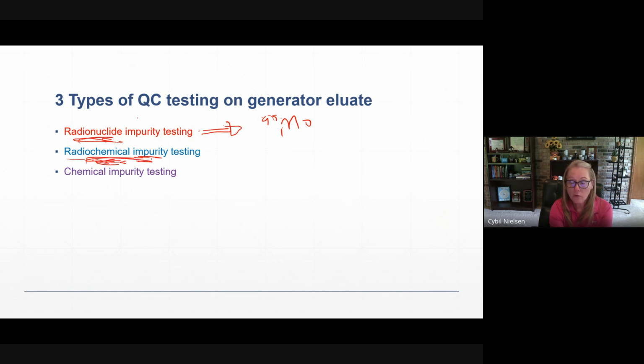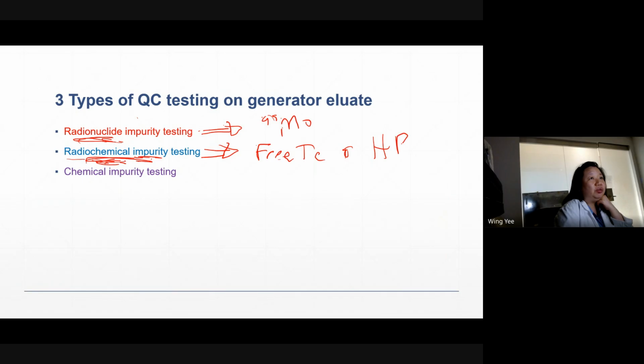Radiochemical, now again, chemical refers to the bond between two things that are held together by electrons. So radiochemical refers to the bond between the radiation and the ligand. So here we're testing for free Tech. And what's the other one? Hydrolyzed reduced.